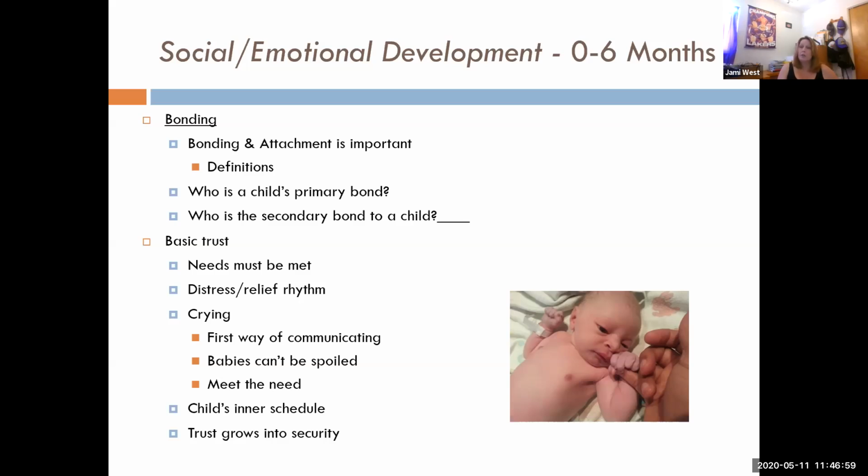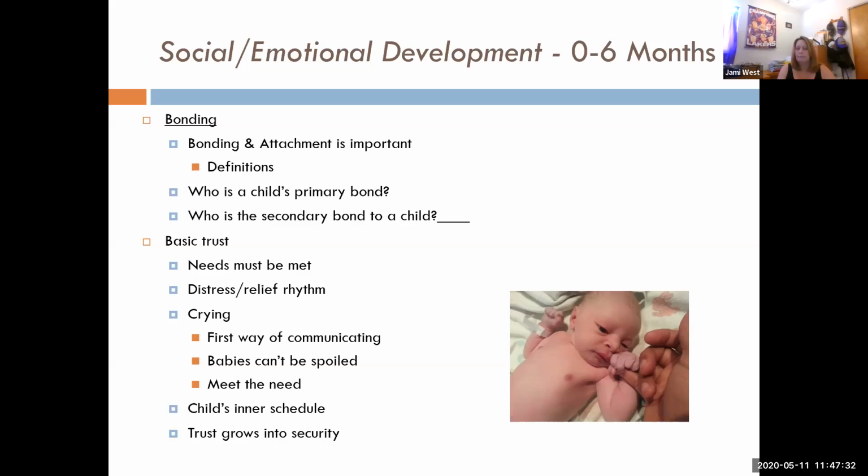That inner schedule, we're talking about an infant, 0 to 6 months, okay? If we don't respond to the cry because we want them to wait to eat, or because we have decided that they need to learn how to sleep longer, or we need them to fall asleep sooner, and we don't respond to those cries, brain connections are being made in that time.